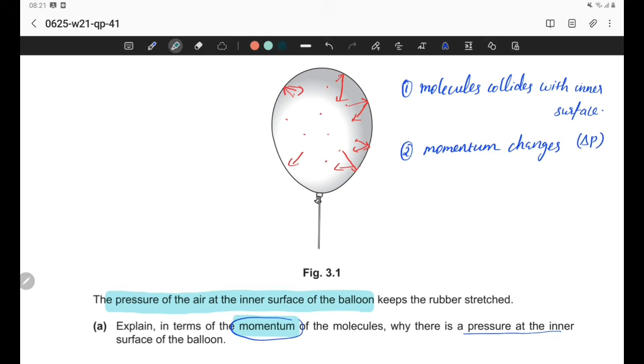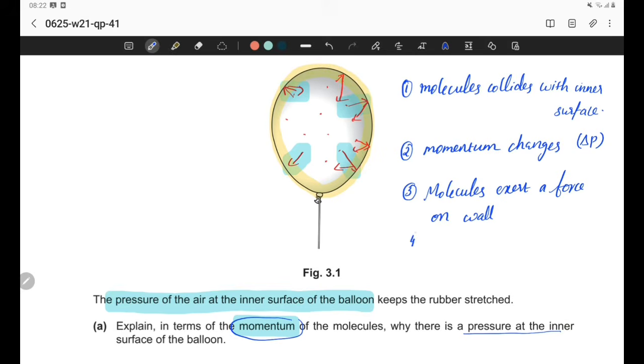And the next point we can write: when these molecules collide at the walls, they exert a force on the walls. Therefore we can write that these molecules, when they collide with the walls, exert a force on the walls of the balloon. And this force is actually spreading all over the surface of the balloon.